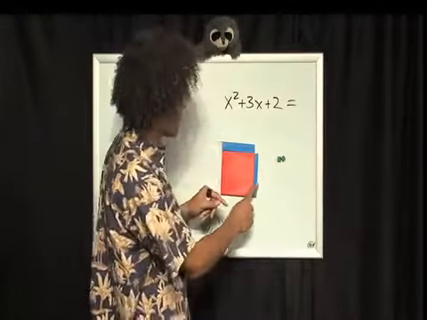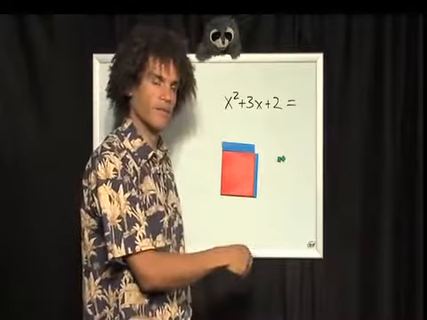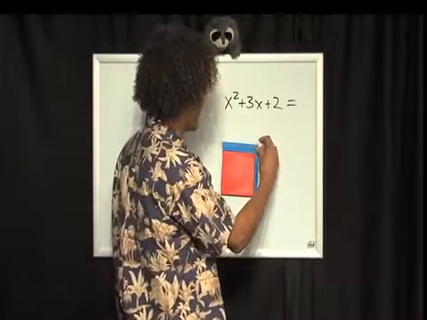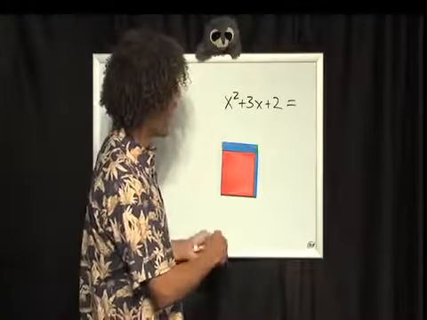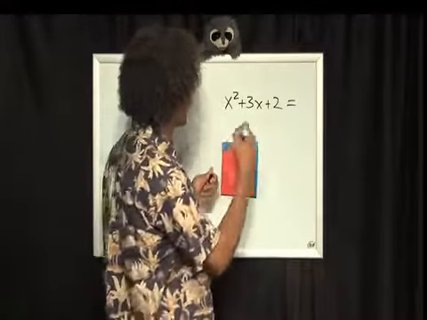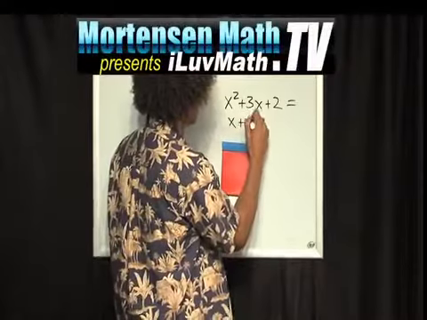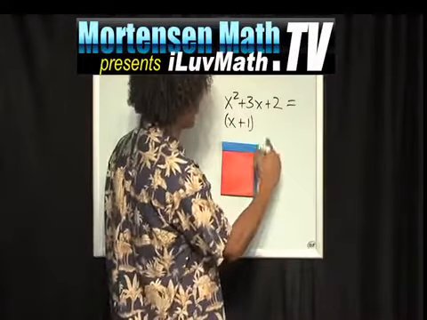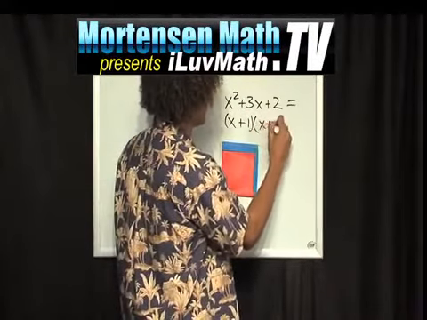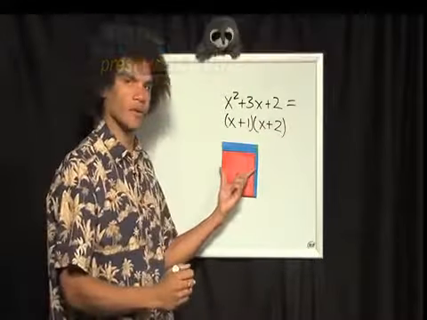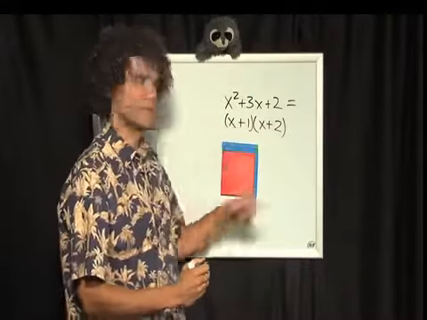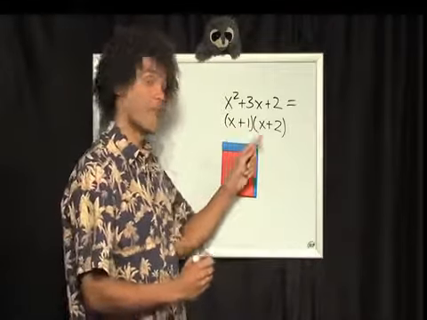What I've done is put one on the side, the rest on top, and that leaves room for these two little green guys to fit in there. And once again, all I have to do is count the sides. I can see that it's x plus 1 across, and it's x plus 2 up. And all I'm saying is that x squared, 3x, and 2, this whole rectangle, these are the sides, or the factors.